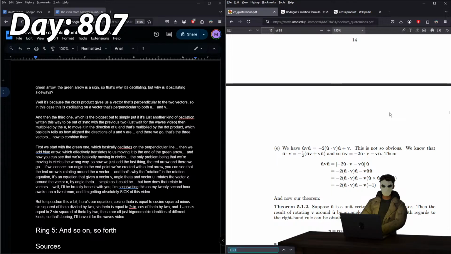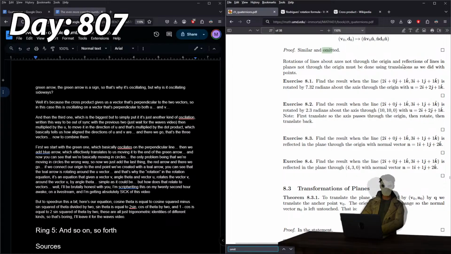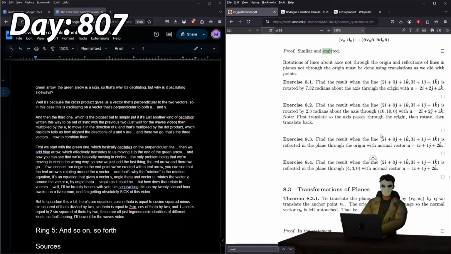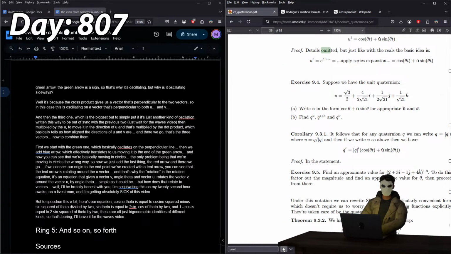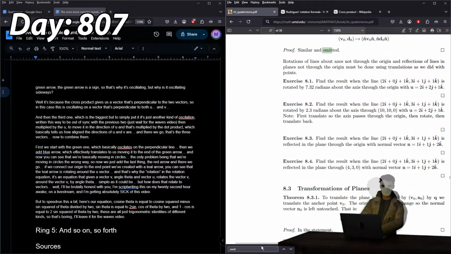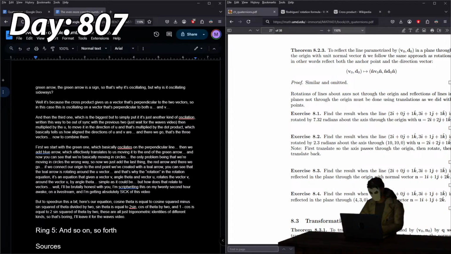What else is there in this paper? Oh yeah, proof will be omitted. Hold on. Omit. Proof similar and omitted. There's actually, oh, there's a couple. But no, I'm looking for the specific one. There are only 3. Oh man, hold on. I sent it to the Roblox's channel, so the screenshot should be there.